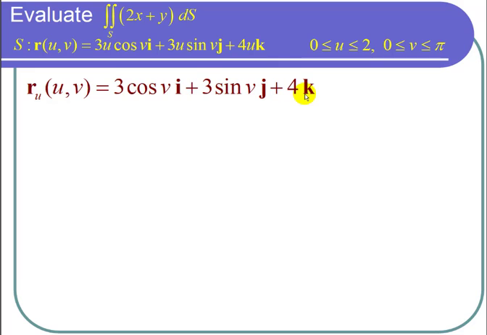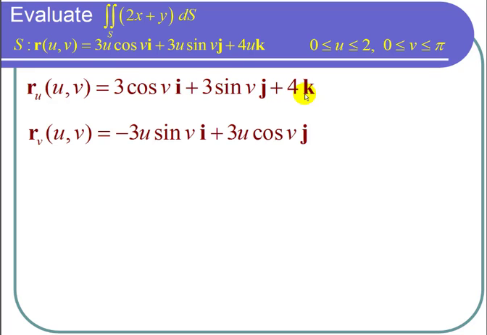Rv is the partial derivative of r with respect to v, which is negative 3u sine v i plus 3u cosine v j, and then plus 0k. So there is no k component.